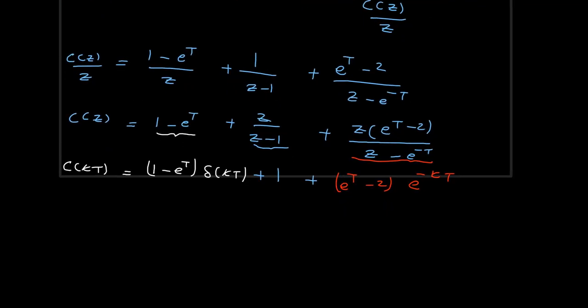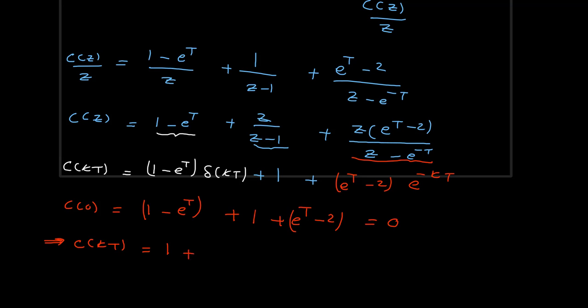Now, if we need to simplify it, C of 0 will equal 1 minus e^-T plus 1 plus e^-T minus 2, and this will equal 0. So simply now we can write C of kT will equal 1 plus (e^-T minus 2) e to the power minus kT, where k is equal to 1, 2, 3, and so on.